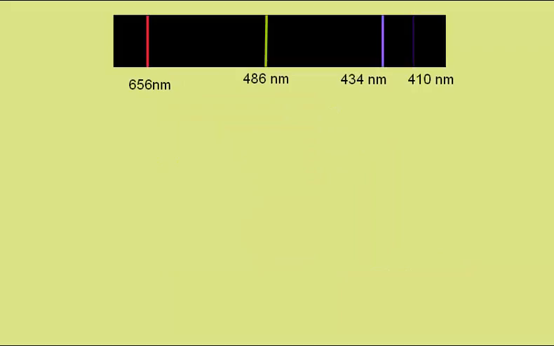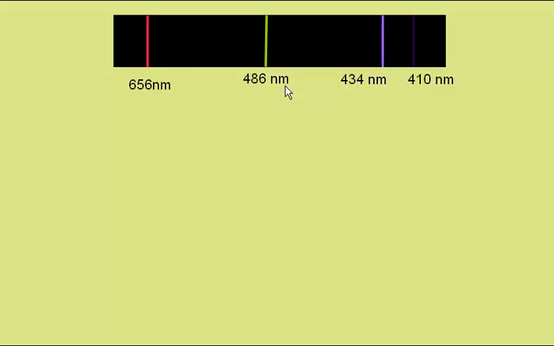If we pass the light emitted from hydrogen gas through a diffraction grating, this is what we see: distinct lines with distinct wavelengths. For example, a red line here with a wavelength of 656 nanometers, a green line at 486 nanometers, and so on.